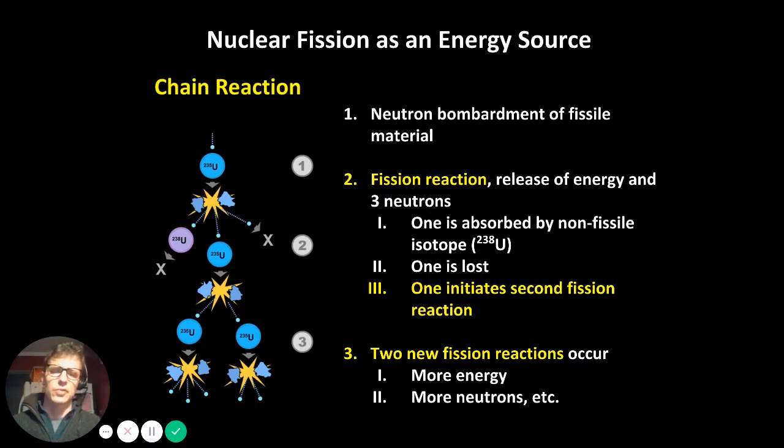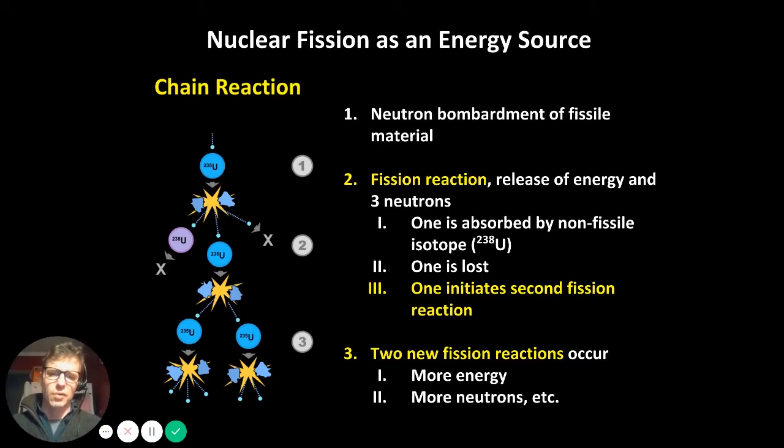Another neutron is lost off to the right, and then one intersects with another atom of uranium-235, and it causes a second fission reaction. That second fission reaction again releases energy, produces fission products, and results in the creation of 2 new neutrons which fly off in 2 different directions.